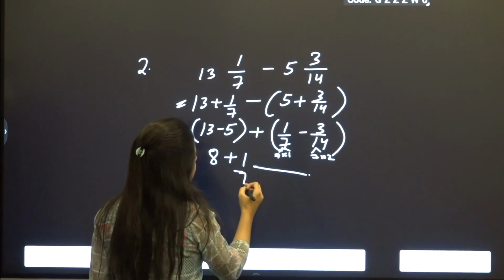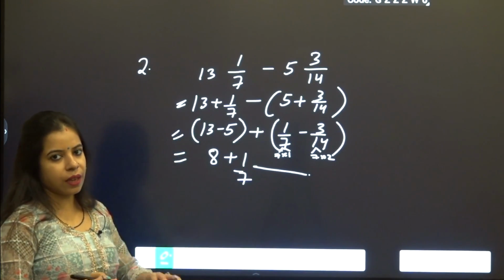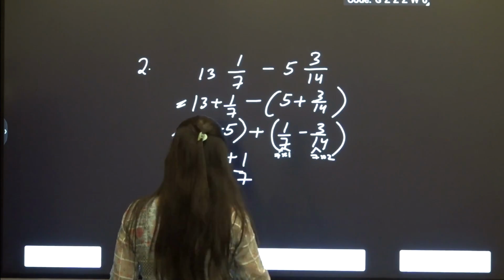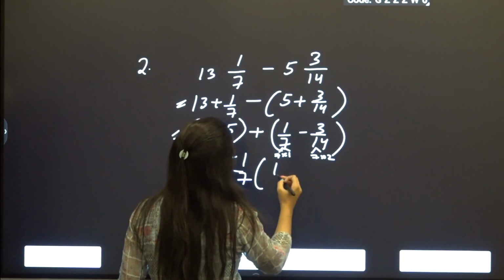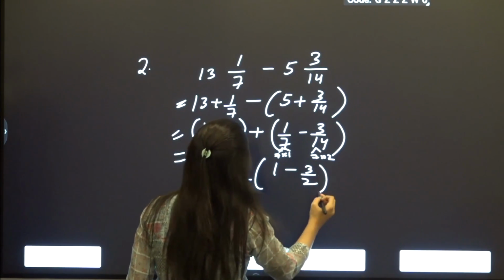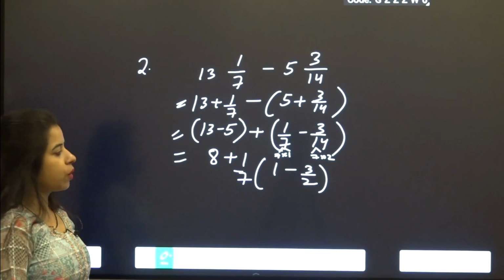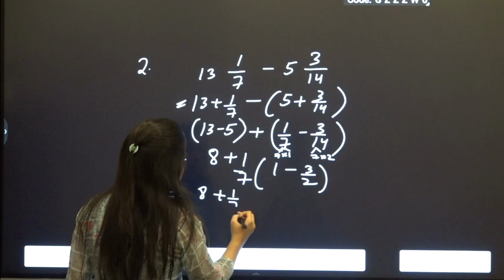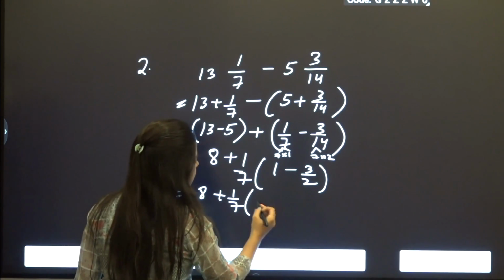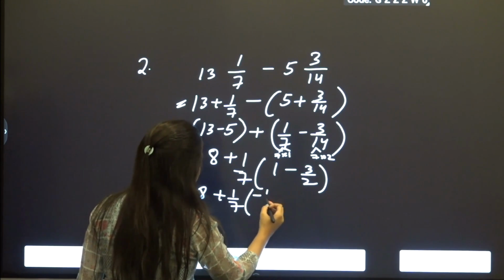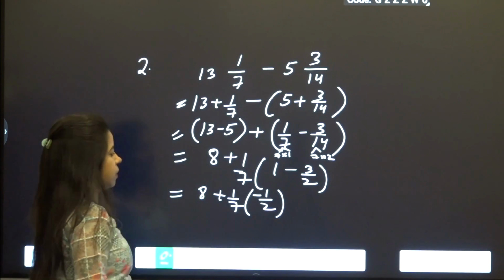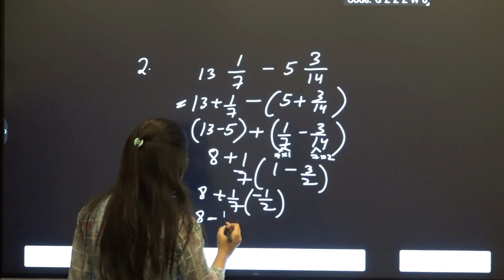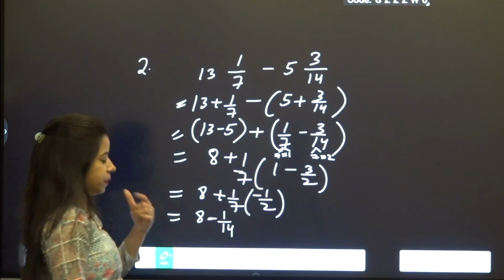So 1 by 7 we can take out common and we are left with 1 minus 3 by 2. Okay, and here 8 plus 1 by 7 and this is 2 minus 3 which is minus 1 by 2 and this will become 8 minus 1 by 14.